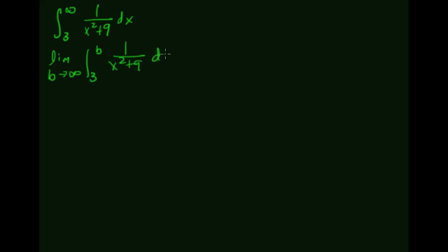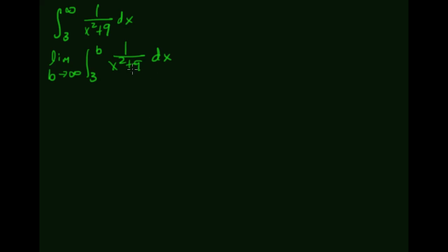All right, so number 5, we're evaluating the improper integral from 3 to infinity of 1 over x squared plus 9 dx. This is the limit as b approaches infinity of the integral from 3 to b of 1 over x squared plus 9 dx. Now, this is some variation on 1 over 1 plus x squared.